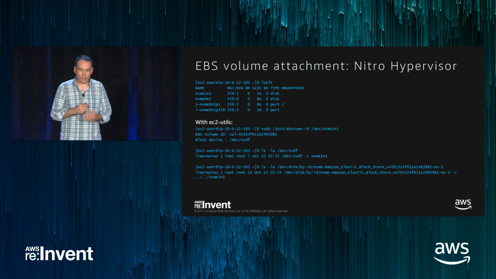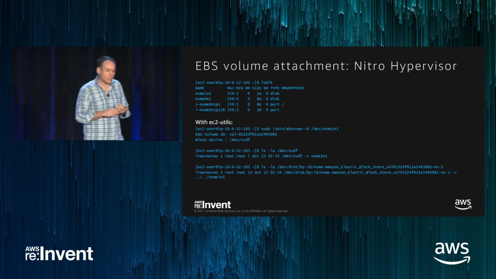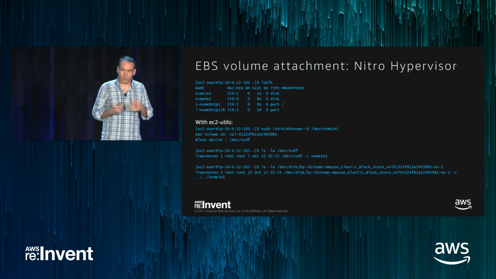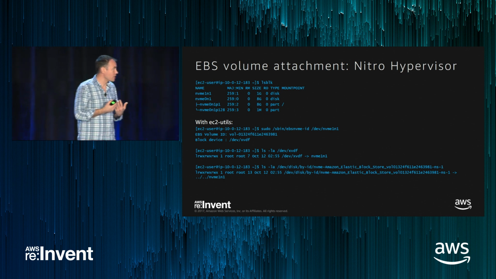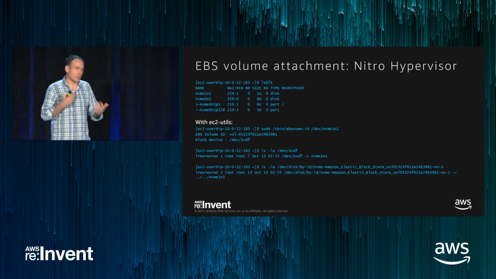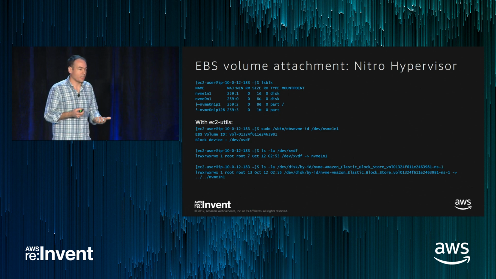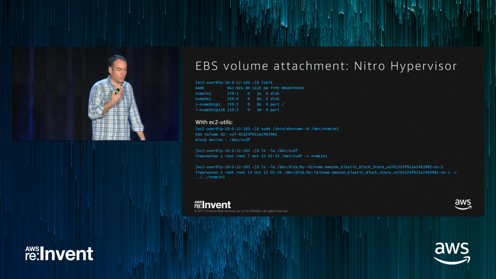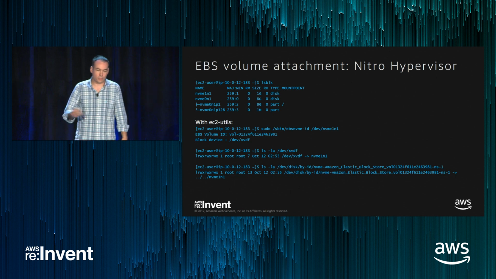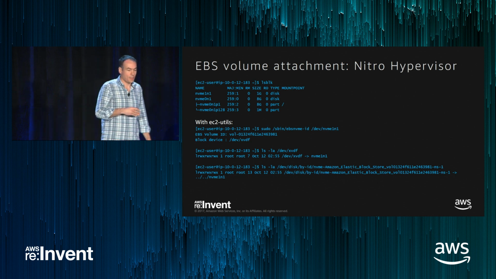If you're running Amazon Linux, we have a package called ec2-utils. This provides a lot of helpful tools for EC2 instances. With the most recent update to the package, we added a couple of commands that extract this information for you. With the ebsnvme-id command, you'll get the pretty volume ID with the hyphen that you're used to, and the block device.